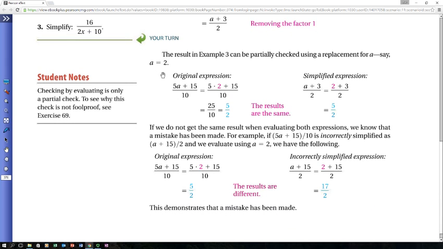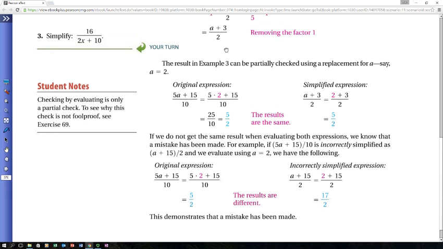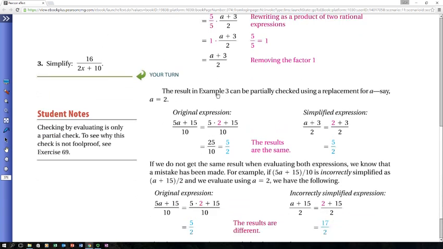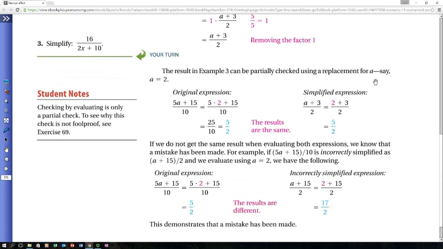We went through before about making sure that you don't ever create a denominator of 0 or a division using a divisor of 0. So you've got to be careful. But in this case we have a constant in the bottom here, a 10. So they say let's try it with a value for a. So they put 2 in for a, and they get 5 times 2 plus 15 all over 10.